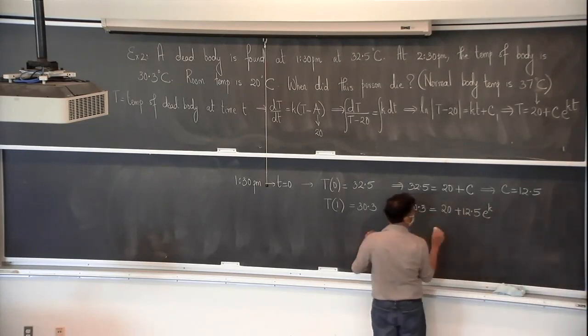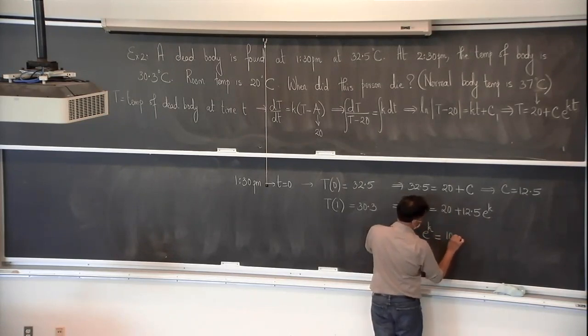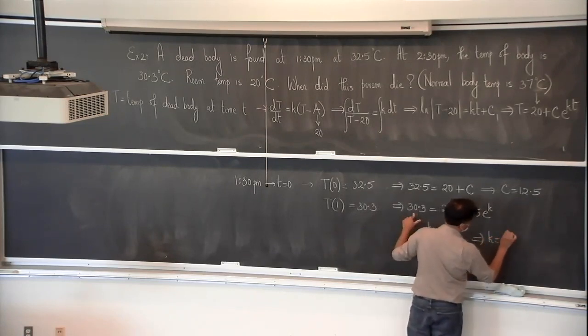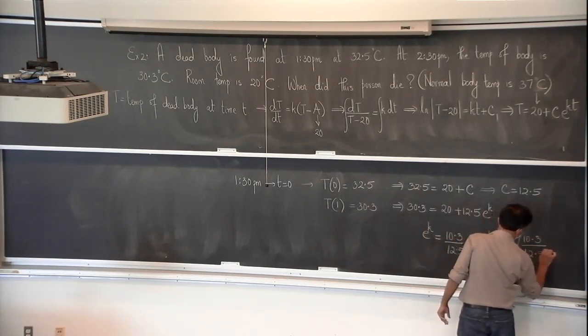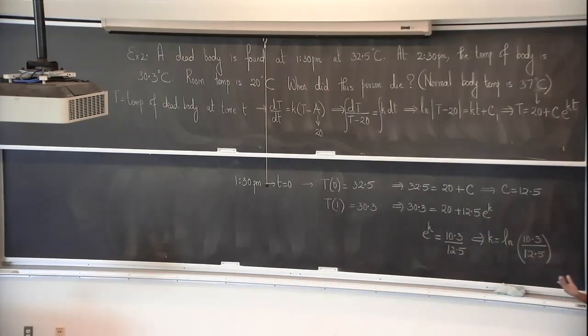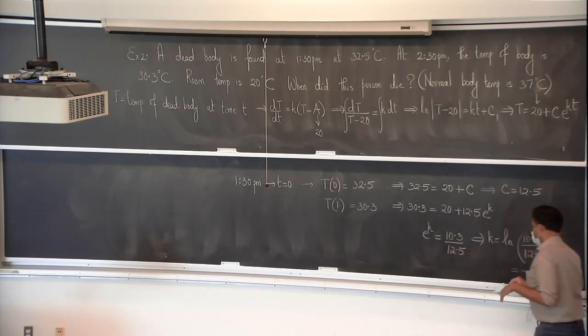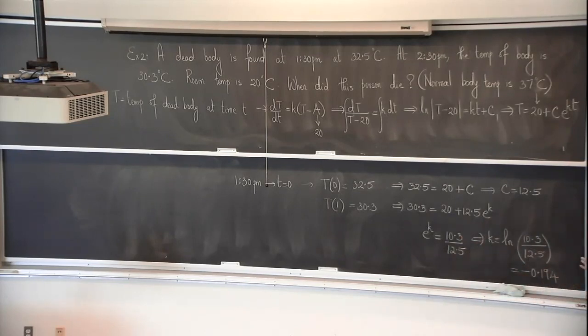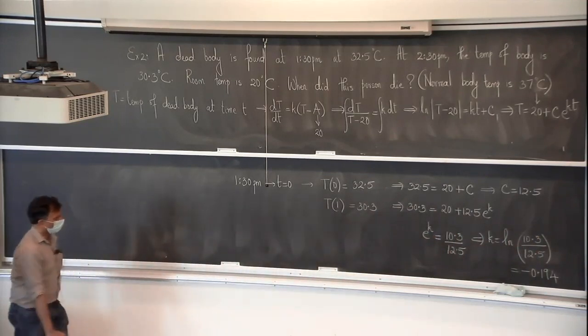Okay, so it's going to be e to the power of k equal to 10.3 over 12.5, or k equal to the natural log of 10.3 over 12.5, which is negative 0.194. Okay. When you're doing these problems on the test, please do the calculations. Okay, don't just leave it like this and ask me to do the things myself. Okay, so just have a calculator handy and do it.